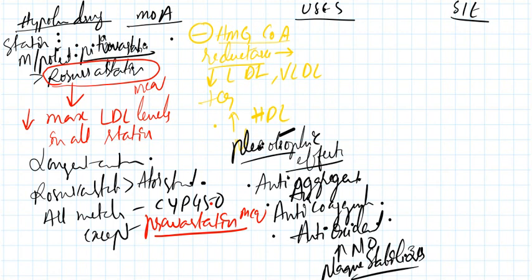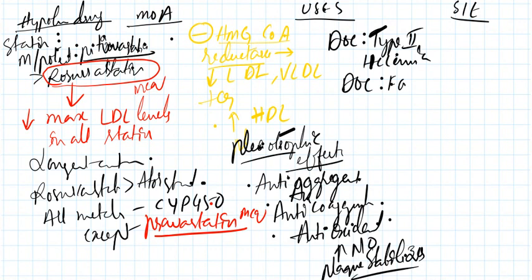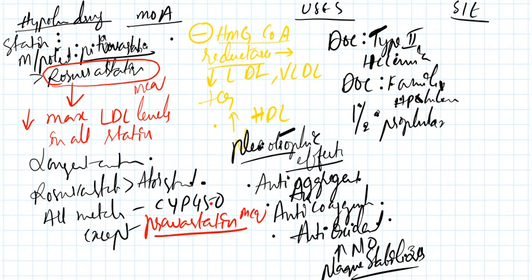Now, statins are the drug of choice in type 2 hypercholesterolemia. They are also the drug of choice in familial hypercholesterolemia, and they are primary and secondary prophylactic drugs for MI and stroke.